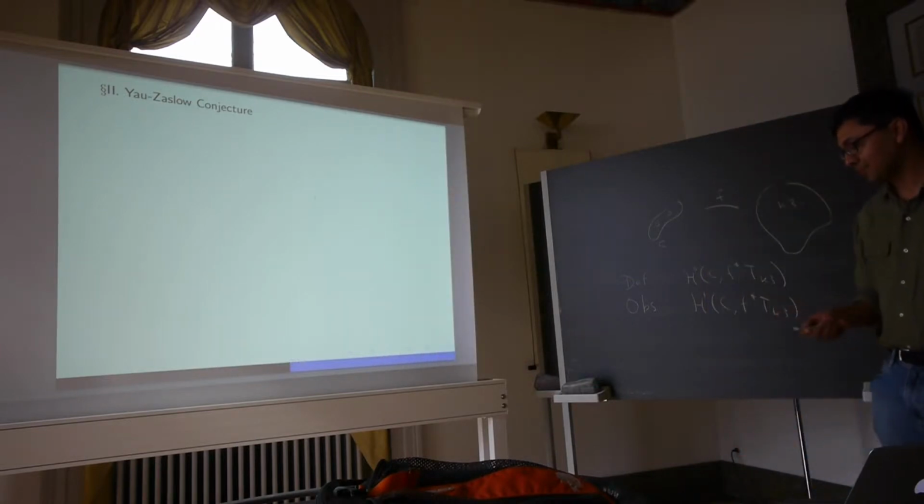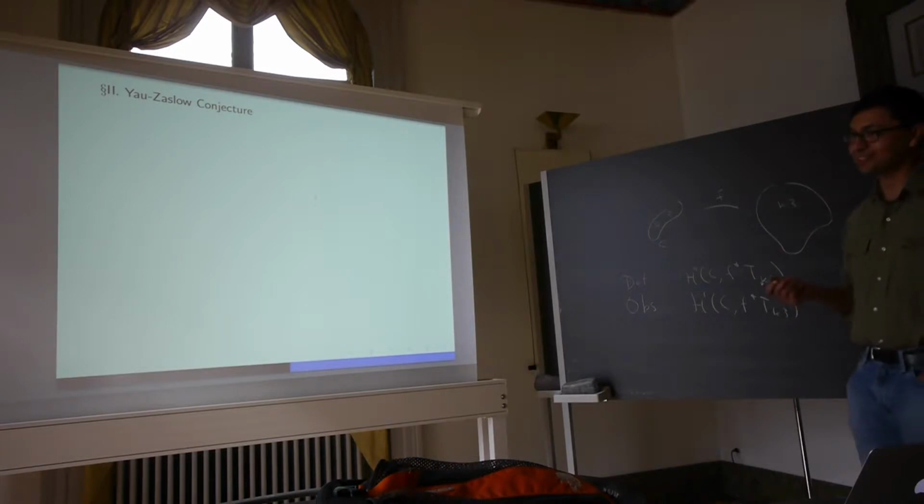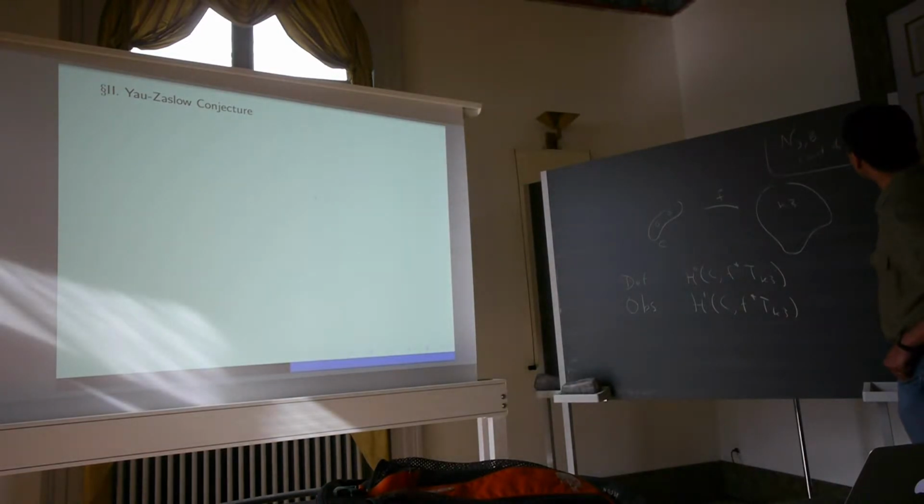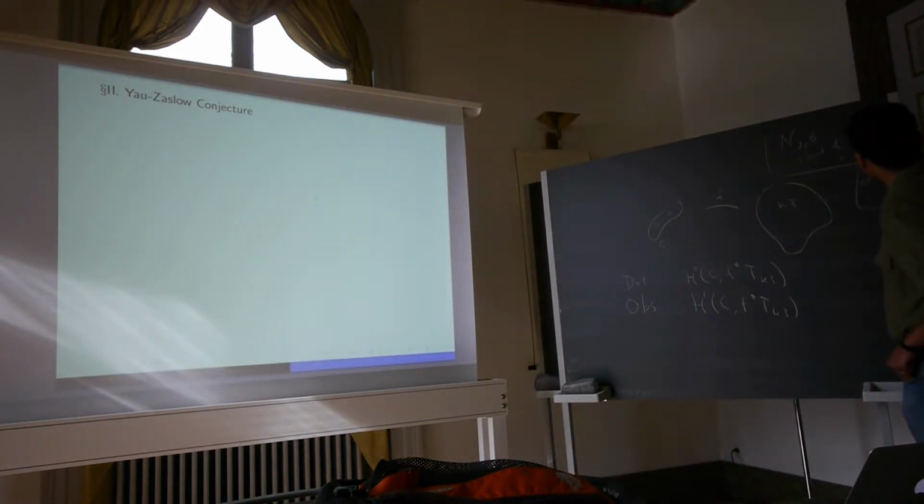So, all right, up to now I was just telling you the problem and that this had some technical aspects. If you don't like those technical aspects, it's better to just forget everything I said and just look at this number. We're interested in these numbers N_{g,beta}, and this number is just a count of genus g curves in class beta on a K3.